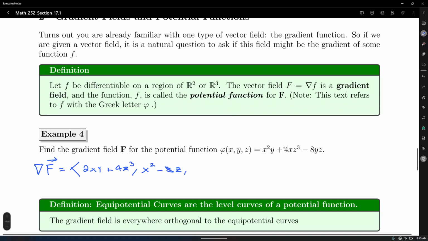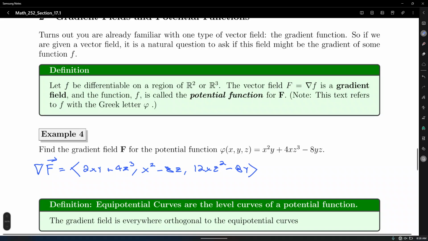That's 3 times 4, that's 12 x z squared. And the derivative with respect to z, negative 8y. So that's the gradient. All right.